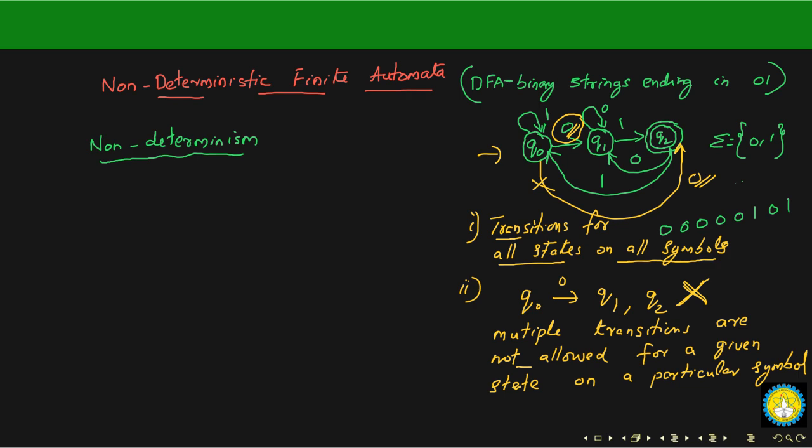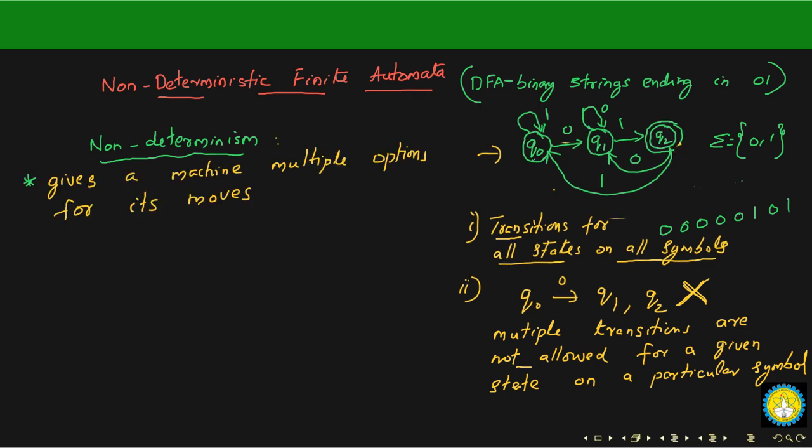So let's look at the non-deterministic feature of an NFA. The idea of non-determinism is like this: it gives a machine multiple options for its moves. Your NFA is such a machine which allows non-determinism. That means an NFA can have multiple options for its moves from a given state.